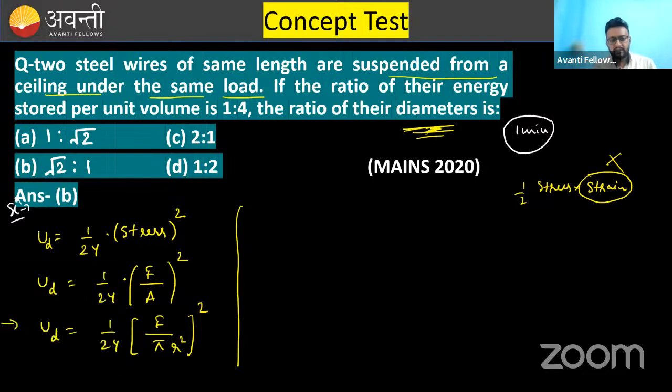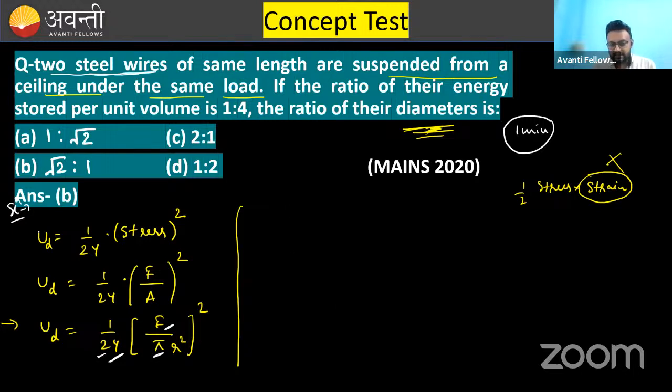Now just find out the constant terms in the question. According to the question, the two steel wires are of the same material. That means Y is constant. Load is the same. That means F is constant. 2 is a constant. Pi is a constant.